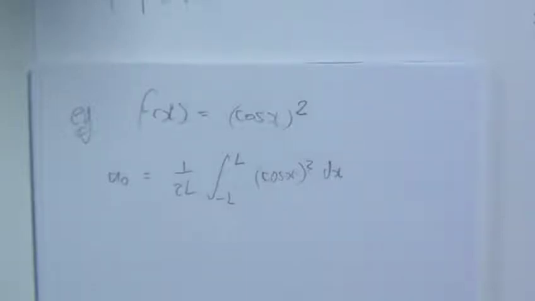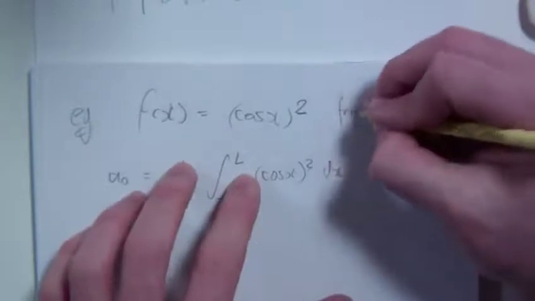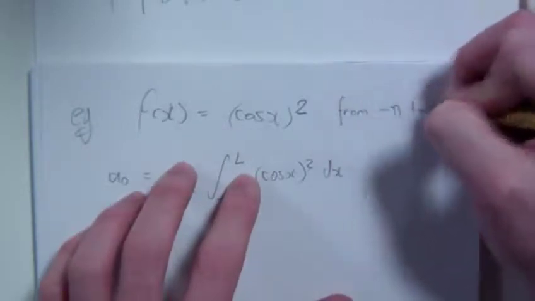And I would have to integrate that, which means I would need to use my trig identity, my trig formula to do it. So yeah, it's all redundant, but anyway, I'm going to do it anyway. But my L is actually, so this one's from minus pi to pi, so my L is actually pi, right?